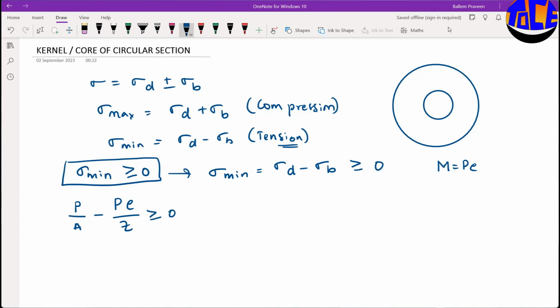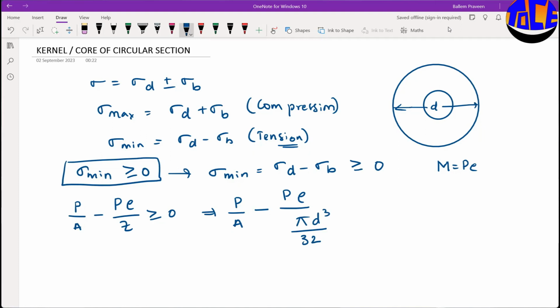And Z we can write as pi d cube by 32, which is the section modulus for a circular section, where d is the diameter.